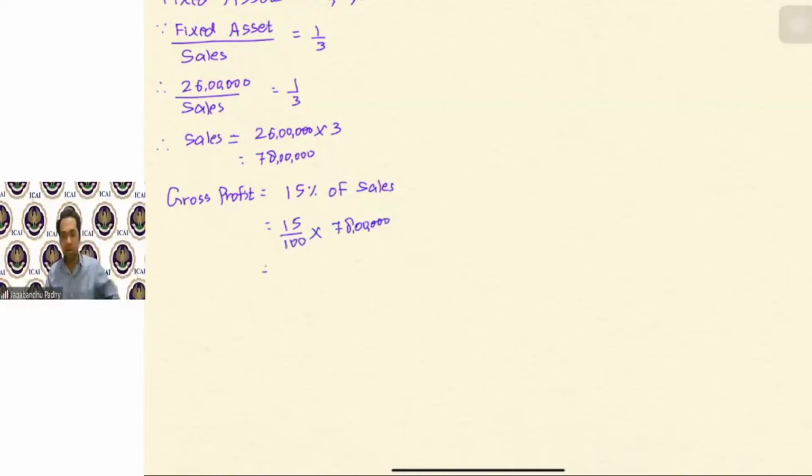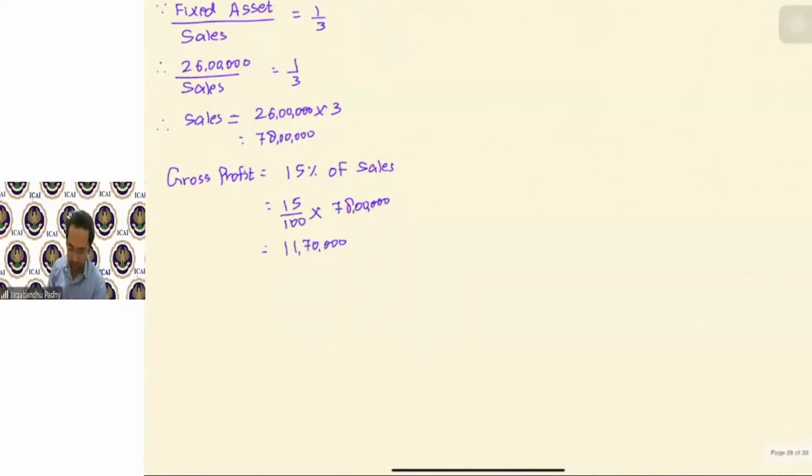Right. So 15 upon 100 into 78 lakhs will give us 11 lakh 70,000 as the gross profit. We got 11 lakh 70,000 to be the gross profit.